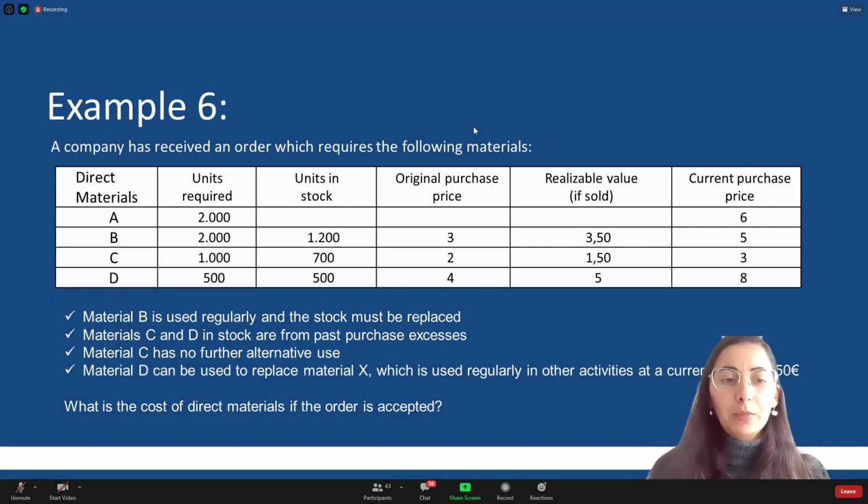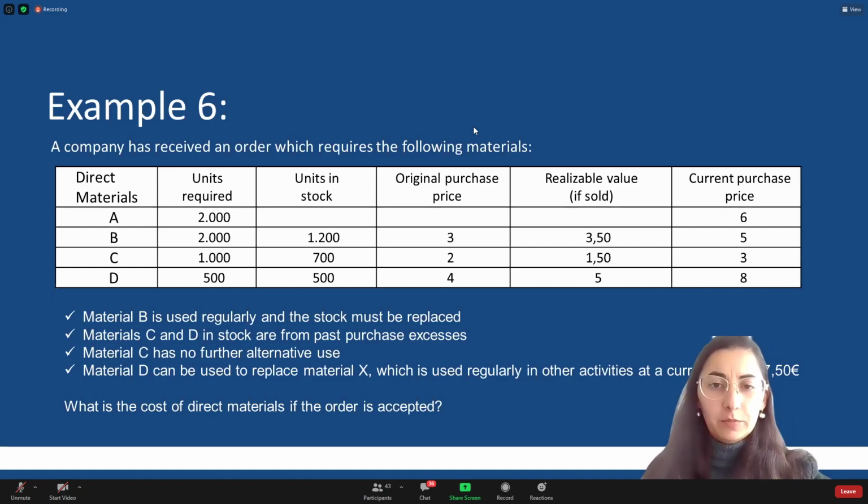I have different uses for material D. If I use material D in this special order, I will give up doing something with material D. And the best alternative for material D, if I was not using it in this special order, would be to replace material X. If I use material D to replace material X, I will not purchase material X, so I will be saving 7.50 times 500.